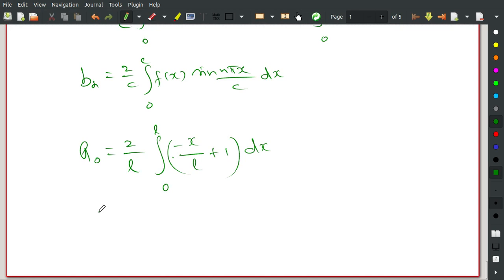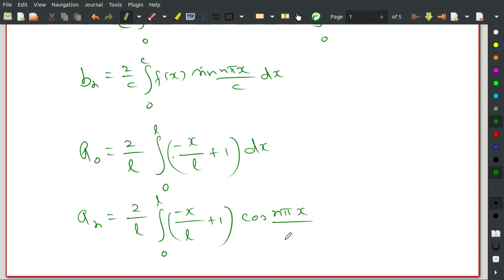Similarly for an we have 2 by L integral 0 to L minus x by L plus 1 into cos n pi x by L dx. So this is our an.